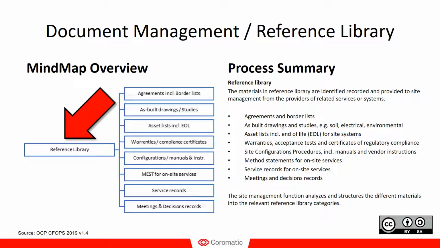But it also leads to the asset lists being updated and changed as assets are being removed or upgraded, replaced, or new assets are added as the capacity is built out. And the asset list is not just a simple record of what do we have in scope for the service delivery.